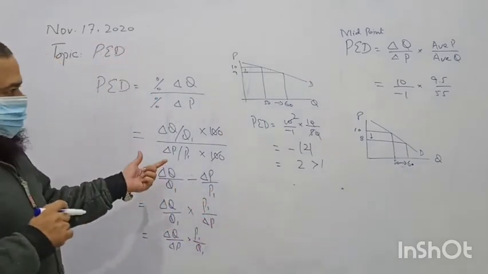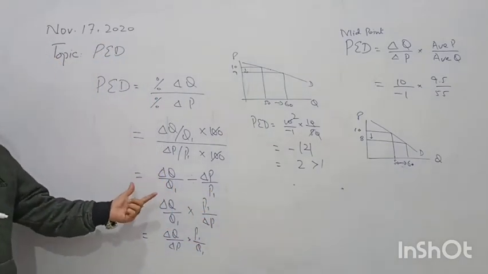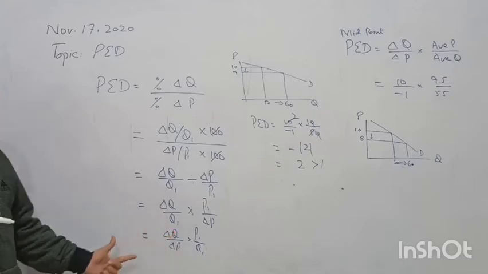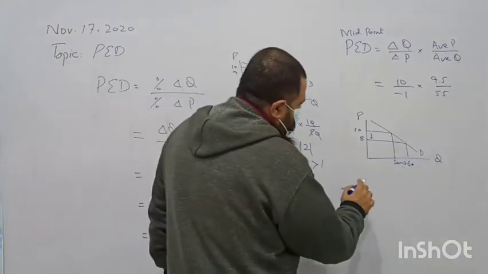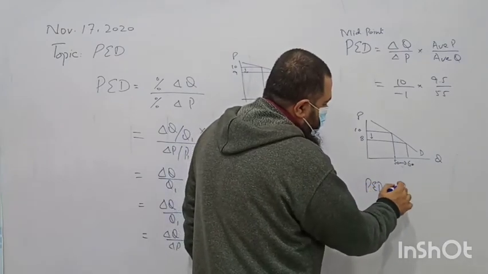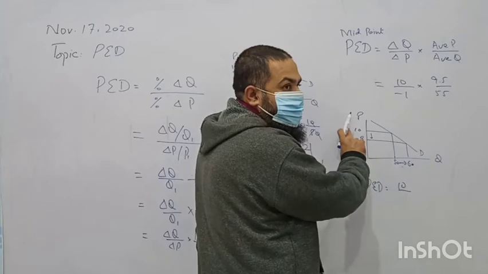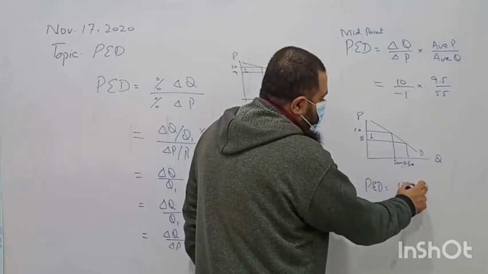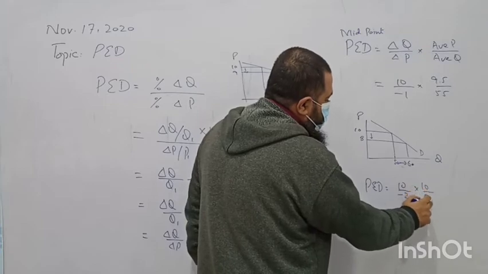Can we find the price elasticity of demand using this formula in this case? What will be the elasticity value? Change in quantity is 10. What is change in price? Minus 2. What is the original price? That is 10. Original quantity was 50.